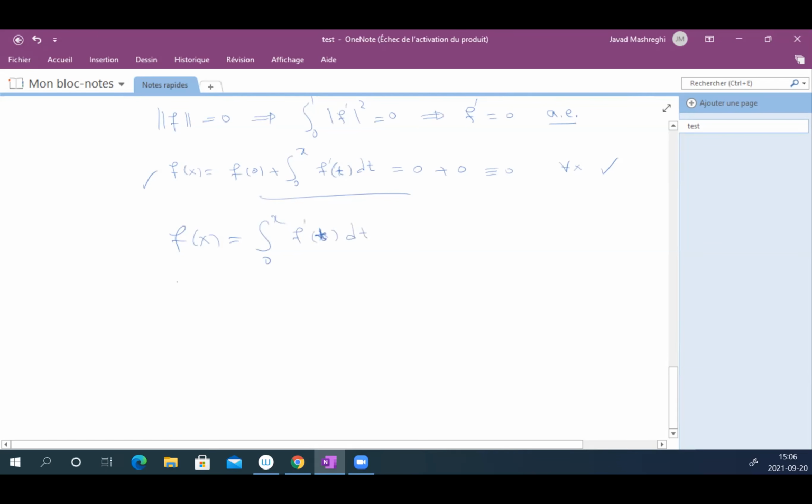And if we do Cauchy-Schwarz, f of x is less than or equal to the square root of the integral from 0 to x of 1 squared dt, times the square root of the integral from 0 to x of f prime t squared dt.